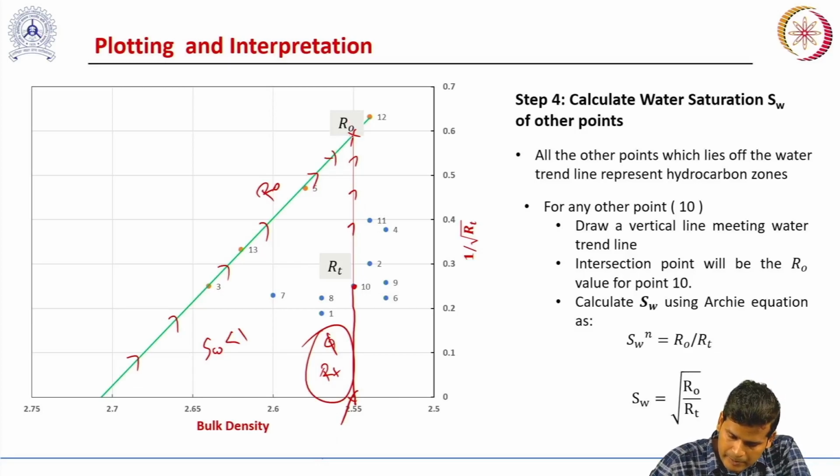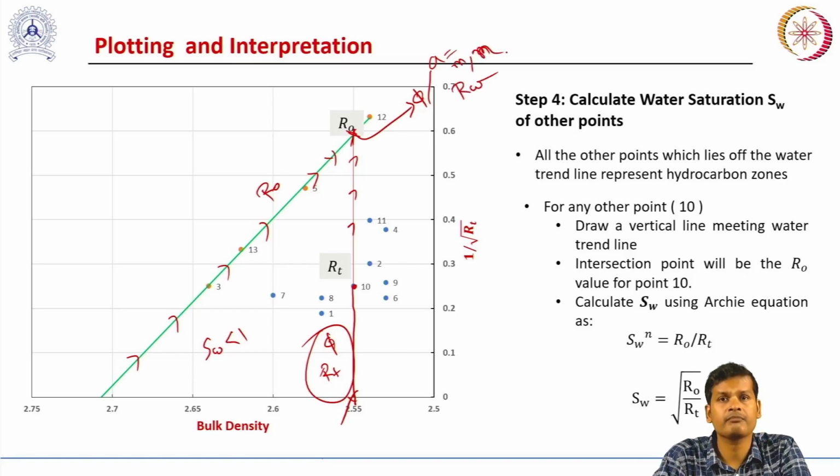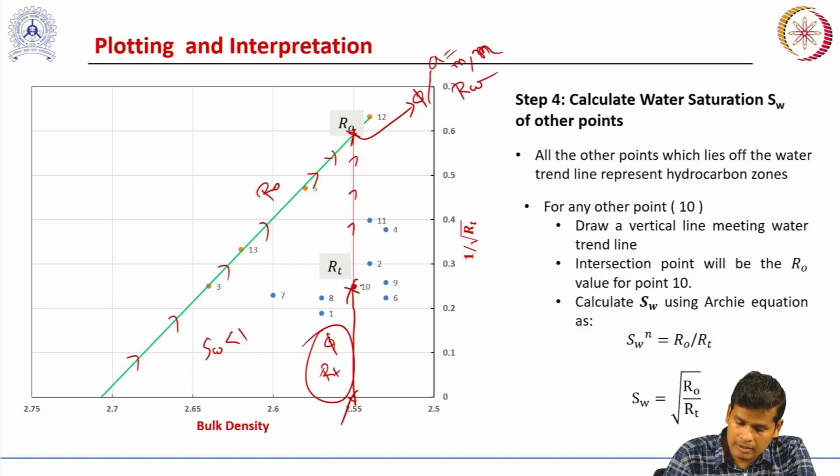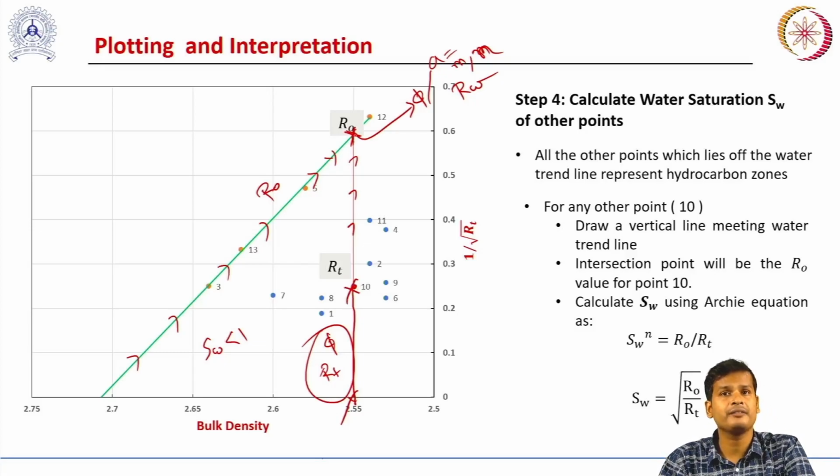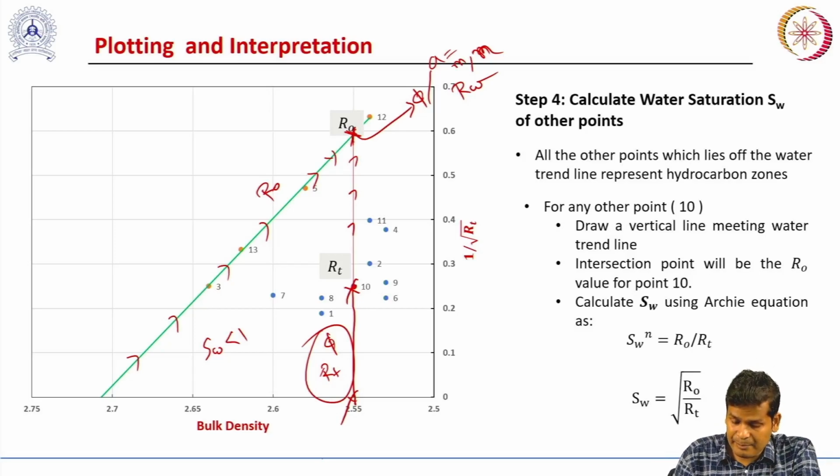If I go up, this point on the water trend line has also the same porosity. It also has the same A, M, N and RW. That means the rock defined by this point and the rock defined by this point are the same, because of same lithology, same formation water salinity and same porosity.